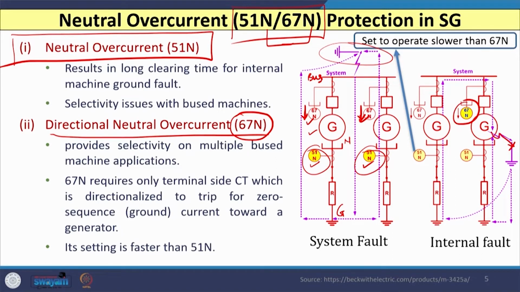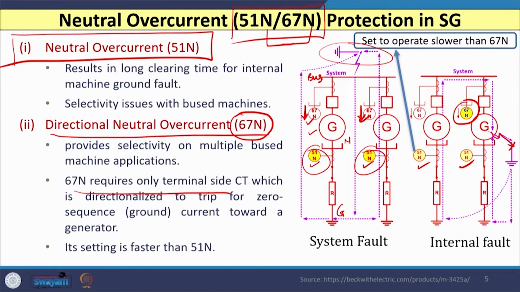We can also use the 51N as a backup. In the normal case the setting of 67N is always faster than the 51N. So, this is a very important advantage of the 67N, the directional neutral overcurrent scheme. Moreover, this 67N relay requires only the terminal side CT, which is directional, to trip for the zero sequence currents towards the generator.